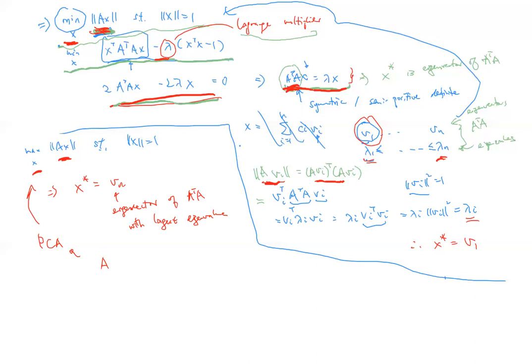So let's say A is A1 up to A n here, and each of these is some data point.